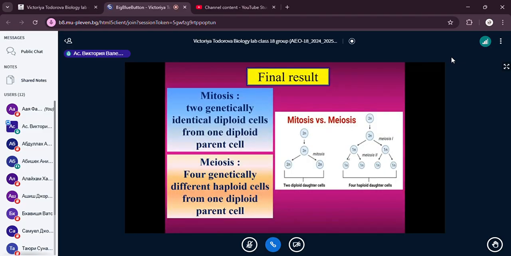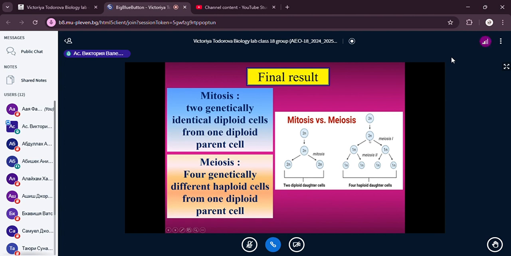Here, what I want to show you is this scheme, very important. Mitosis starts with a diploid cell, and at the end we have 2 diploid cells, identical to the mother cell. Here we start with a diploid cell.